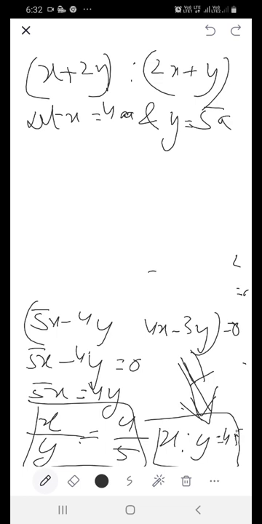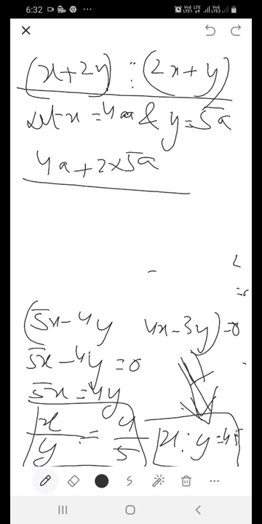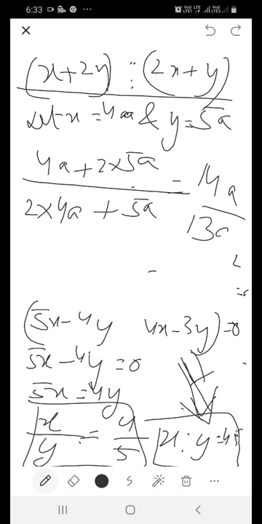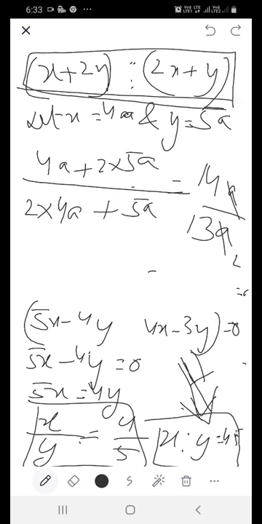Substitute these values in what you have to find. In place of x, I'll write 4a plus 2 into y, which is 5a, divided by 2 into 4a plus y, which is 5a. So this becomes 14a upon 8a plus 5a, that is 13a. And a will cancel out, and the value of this given question will be 14 is to 13.